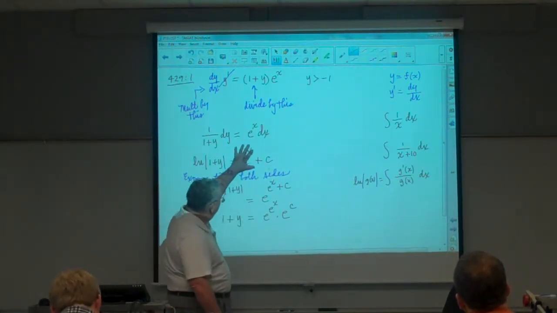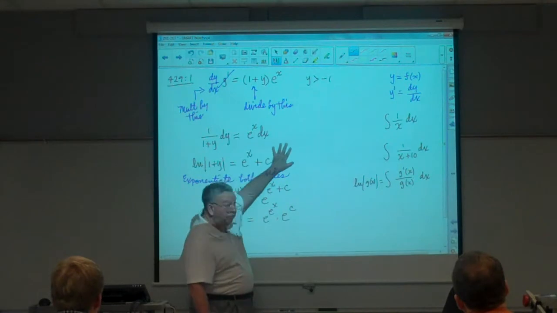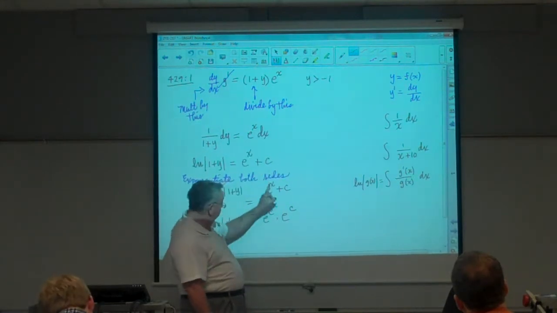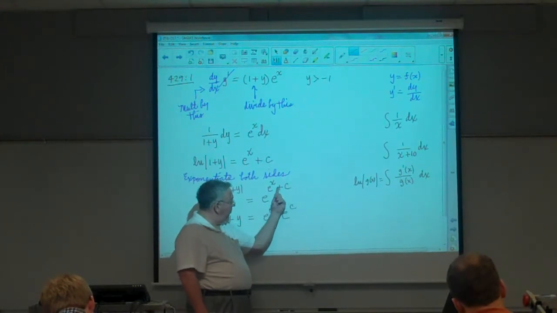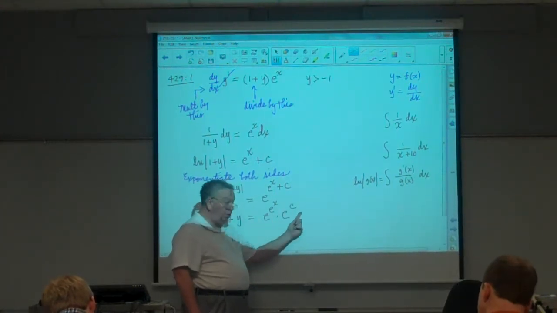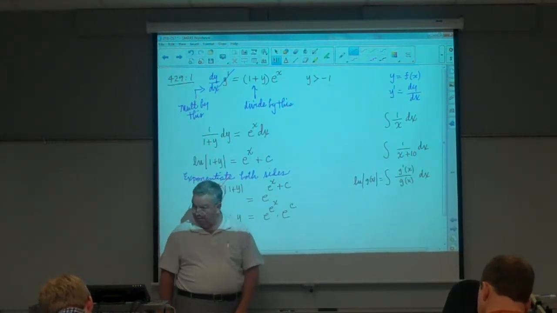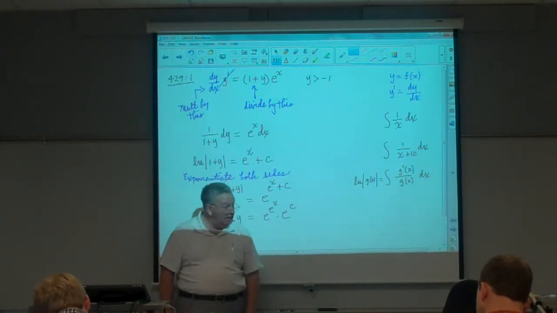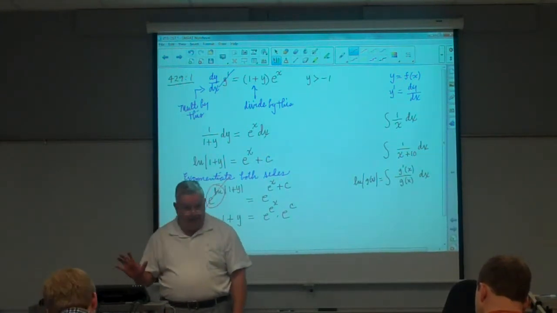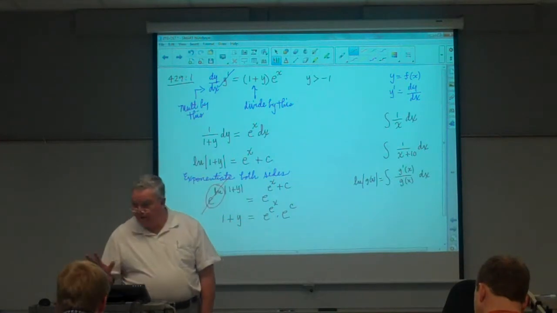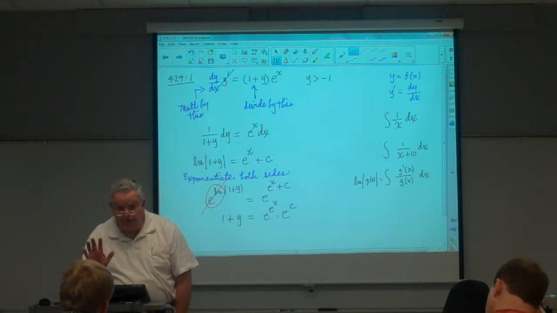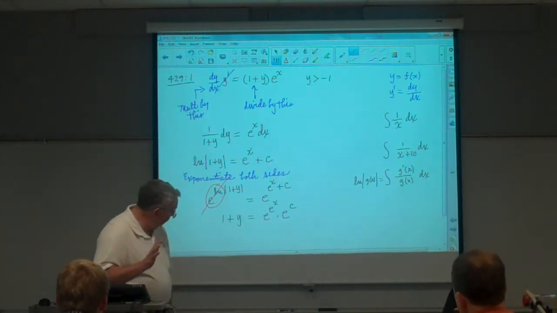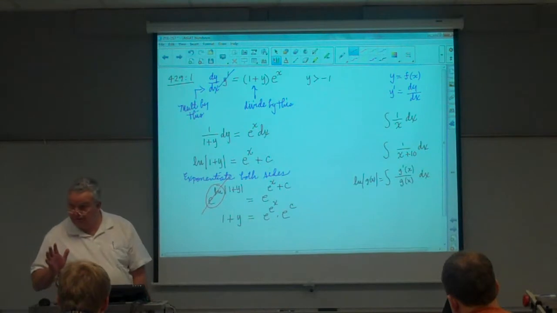I took the whole right side, whatever was on the right side, and made it the exponent. And when you're adding exponents, doesn't that mean you multiply outside the exponent? Frankly, guys, I don't know that that helped it any. I just did it so I could remind you of handling exponents. How do you say that that's any prettier?